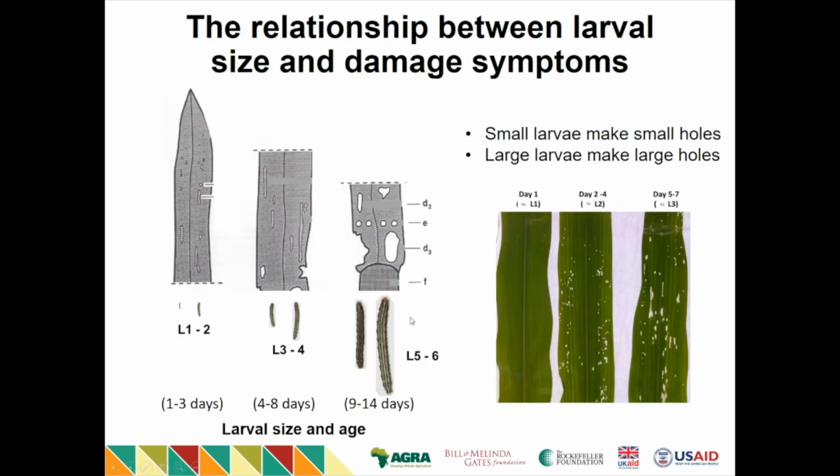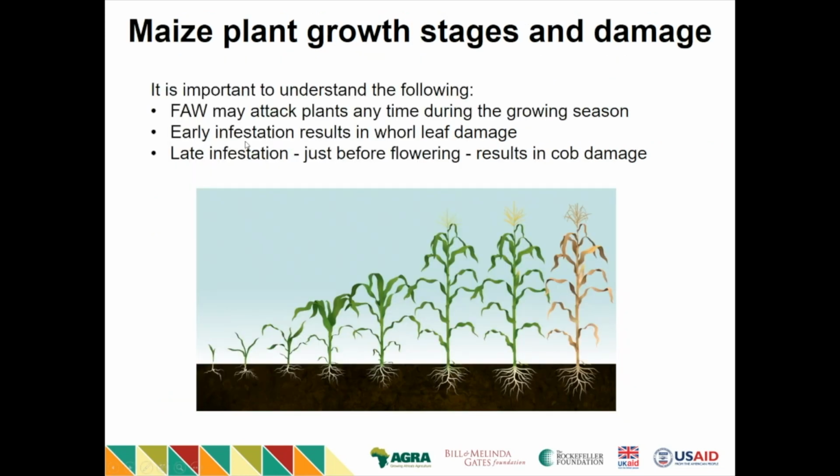So that also explains to you the timeline that farmers need to know and when they need to apply control measures. I'm not going to spend a lot of time on this because I'm sure most of you realize that depending on plant age, the larval damage and outcome in terms of yield differs.